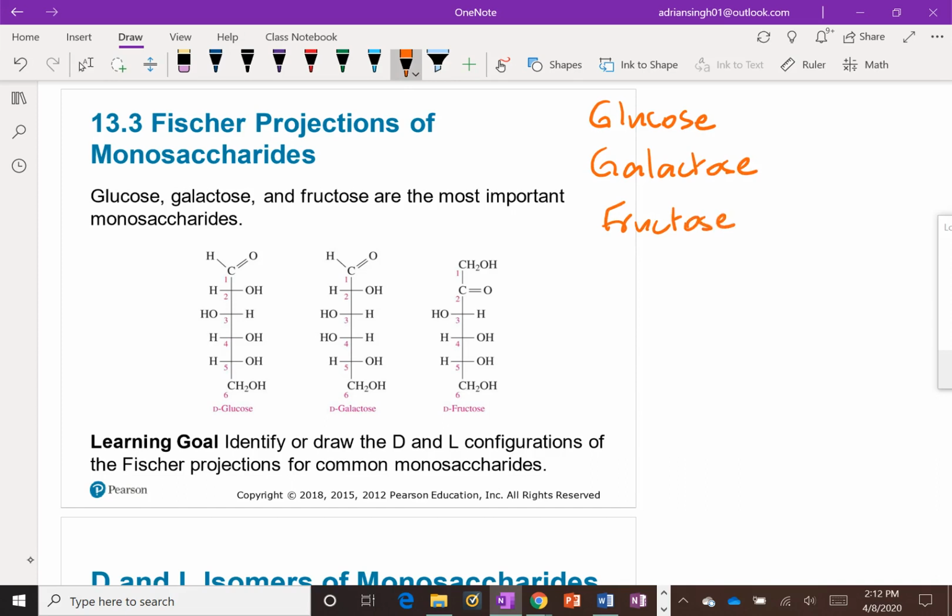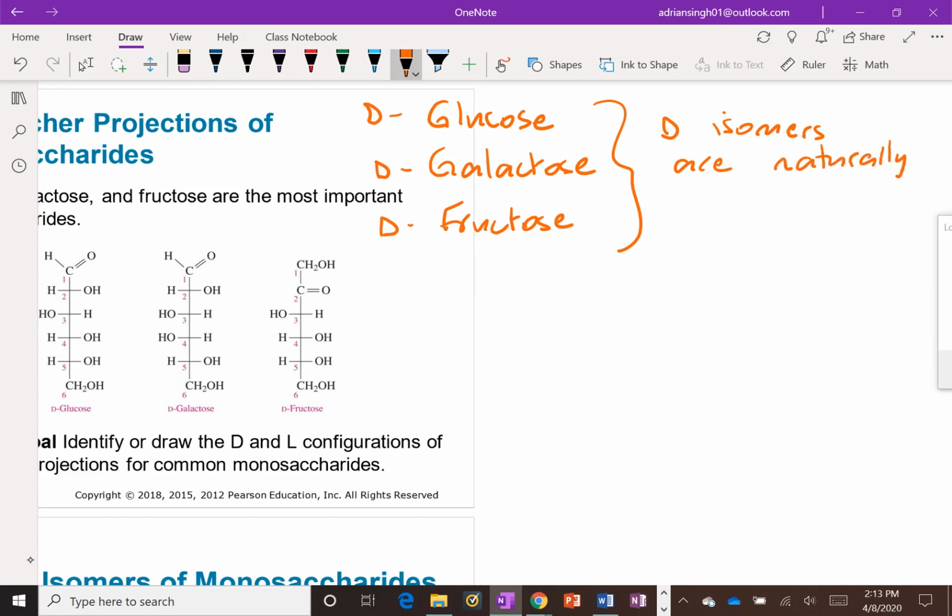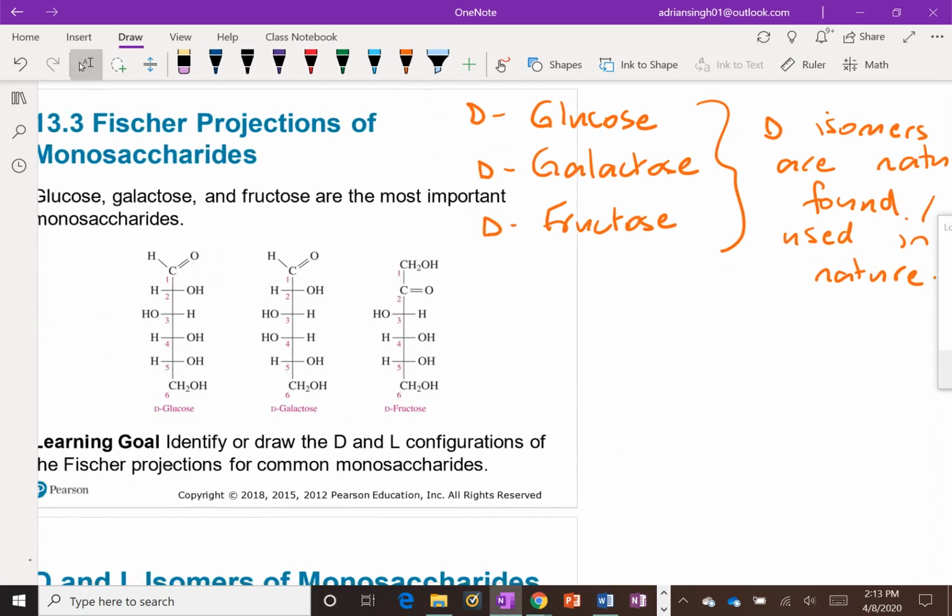Right, and we're going to be looking here at the D isomers of these, because in nature what we typically find is that the D isomers are naturally found, which means that these are the ones that are effective or used in nature, right? Those are the only isomers that your body, for instance, is able to recognize and break down and get energy. So let's take a look at these.